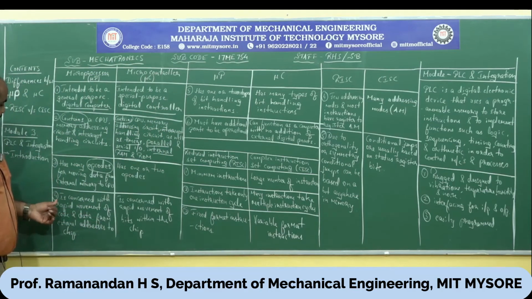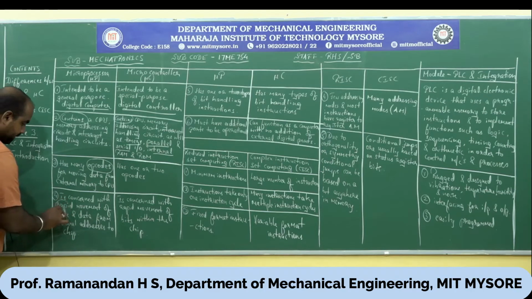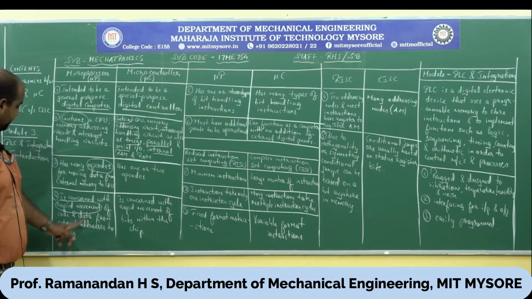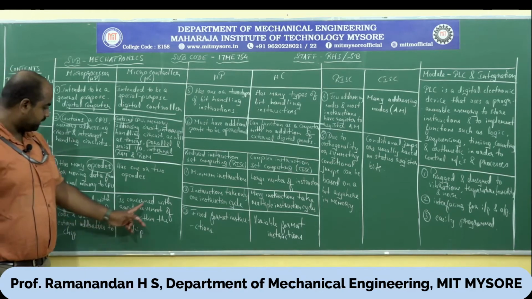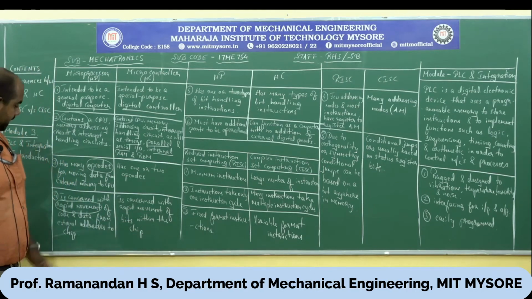The next difference is all about the movement of code, rapid movement. This is the keyword here. A microprocessor is concerned with rapid movement of code and data from external address to chip, whereas a microcontroller is concerned with rapid movement of bits within the chip. So what is the difference here?